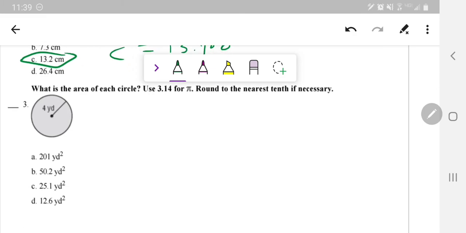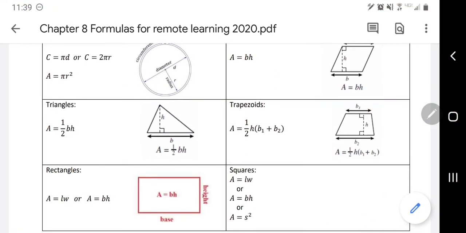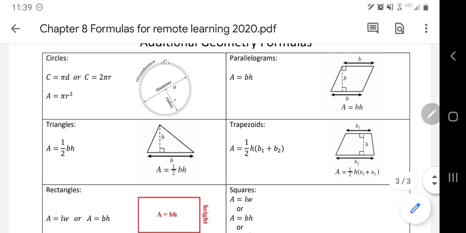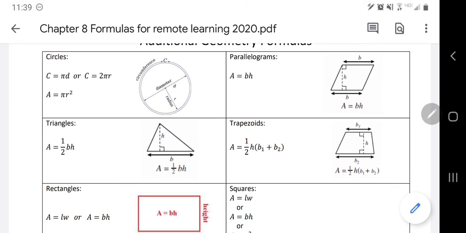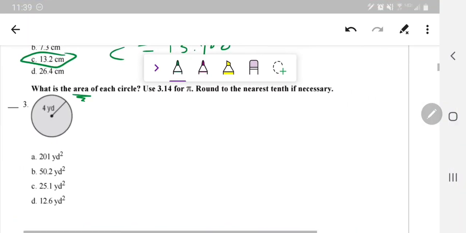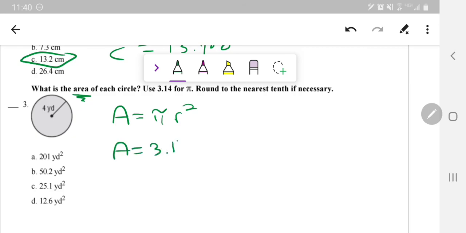Now we're going into two-dimensional measurements because number 3 says find the area of the circle. So we look at our formula sheet. We see circles, we see area, pi r squared. So now we have area equals pi r squared. We have area equals 3.14. They say to use 3.14 for pi.